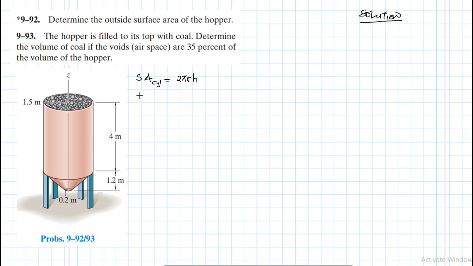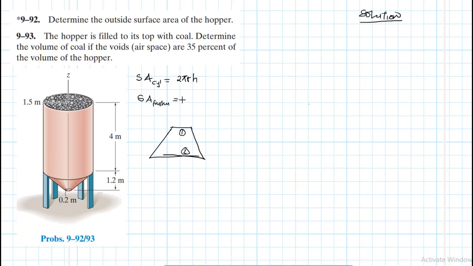For the frustum, if you know the formula for a cone, you could rewrite the frustum as a cone and then subtract the top, or if you know directly, you could write it like so: given we have a frustum, this is the top, number one, and the bottom, number two.